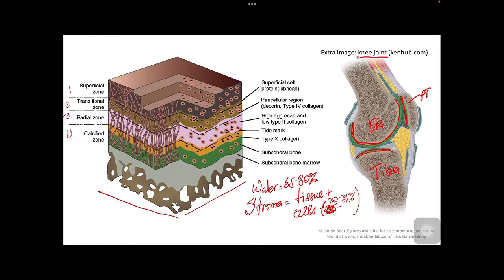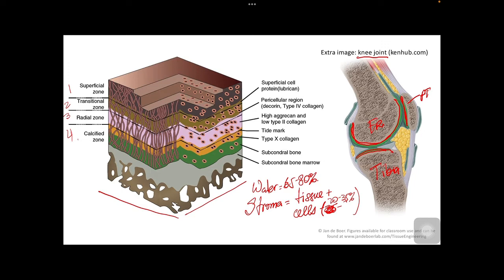Each zone has its own material, or the composition is sometimes different. The direction of the fibers that make the cartilage is also different, and the amount of cells is also different. So we're going to discuss the different zones that we can see in articular cartilage.